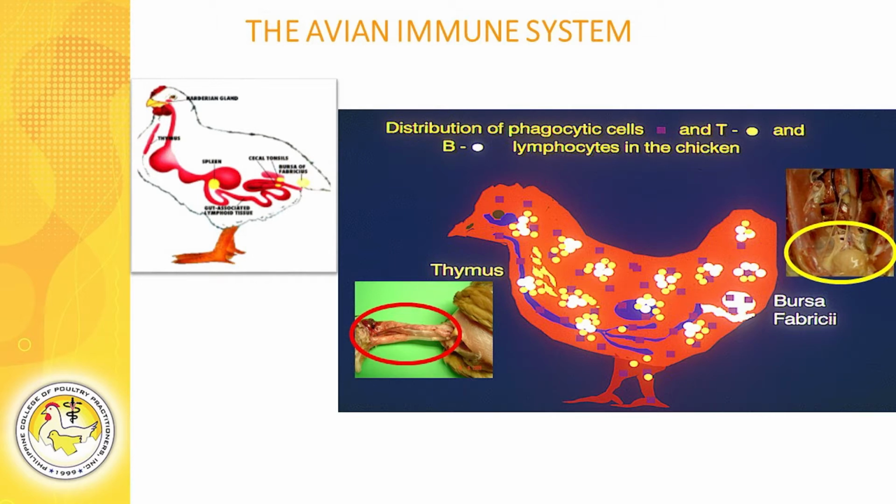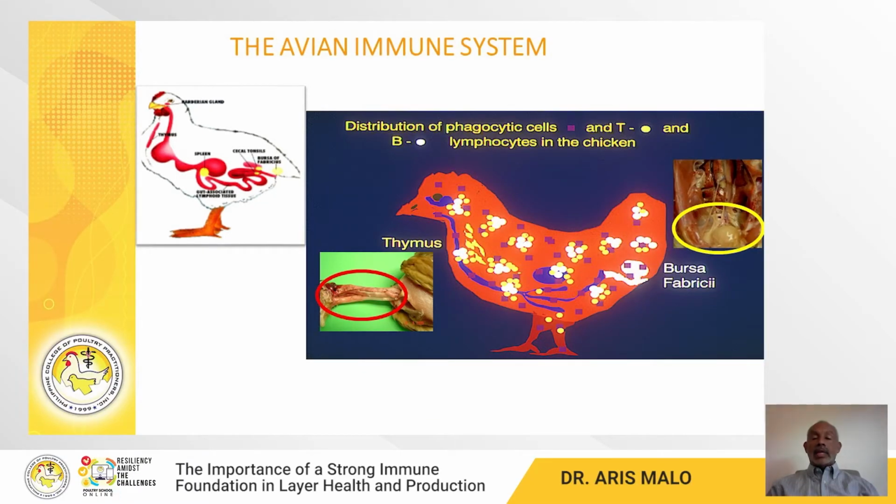We will find at the rear side of the bird the bursa of Fabricius nearby the cloaca, and this is the organ in which the B type of cells will mature. Later on, these cells will be distributed along the body of the birds, and we will find conglomerates of cells, for example, in the head, in the gut, in the respiratory tract, and in the spleen.